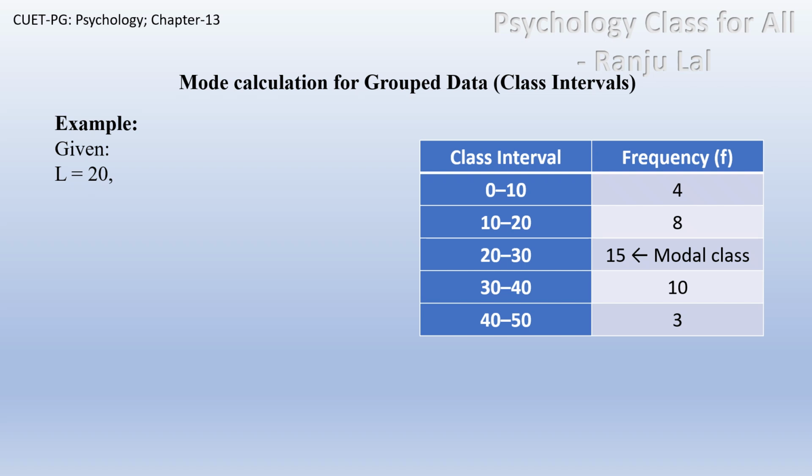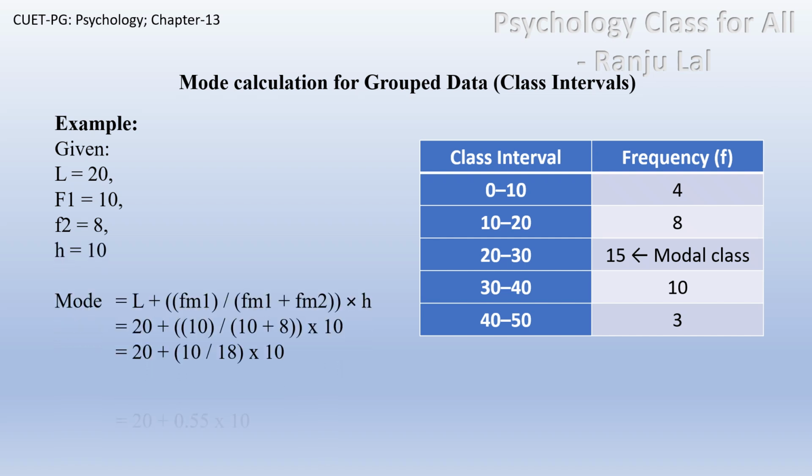Fm1, that is the frequency before the modal class, is 10. Fm2, the frequency after the modal class, is 8. H, the size of the class interval, is 10. So now putting all values into the formula, the outcome is 25.5. So this is the mode, 25.5.